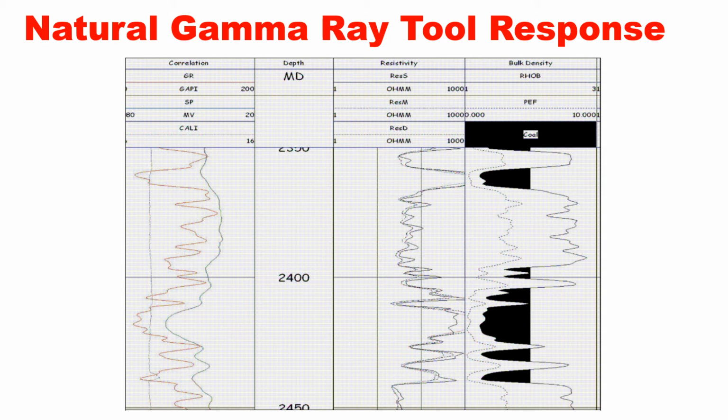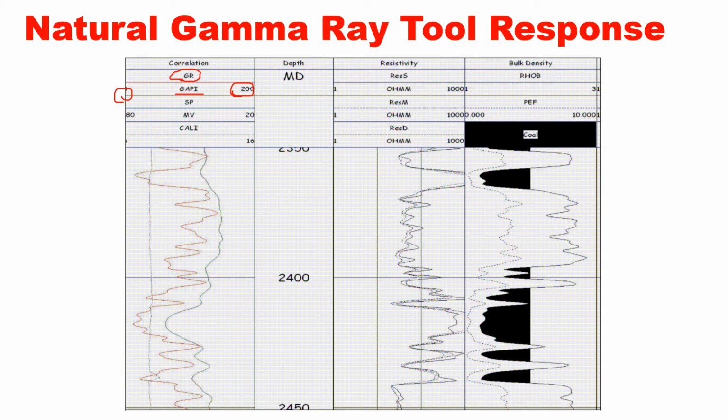Actually, in conventional reservoirs, clay minerals have large amounts of naturally occurring radioactive minerals. Typically, a gamma ray measurement is interpreted as follows. High readings are seen near shales. The gamma ray response is at the left part of the log run in API units, 0 to 200 API.